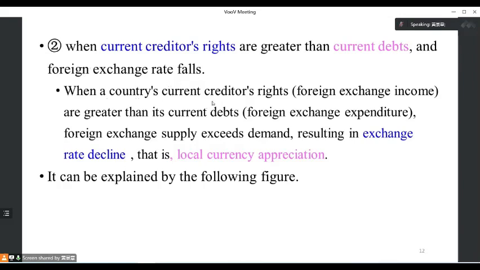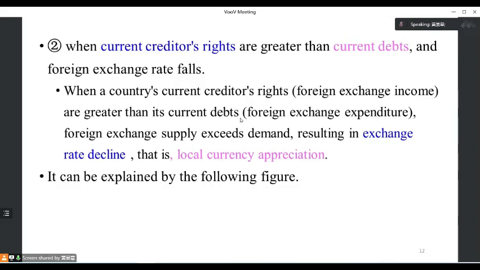When a country's current credit rights, foreign exchange income, are greater than its current debts, foreign exchange expenditure, foreign exchange supply exceeds demand, resulting in exchange rate decline. And that is local currency appreciation.